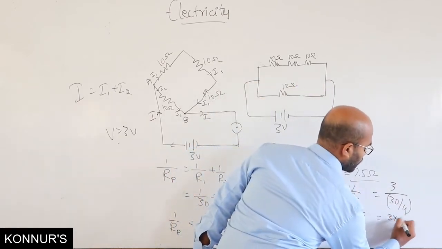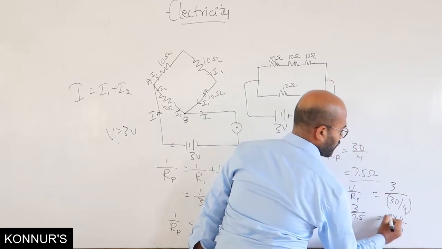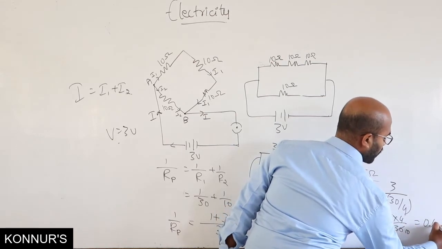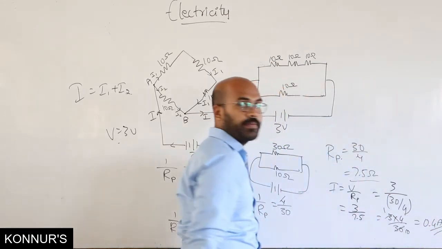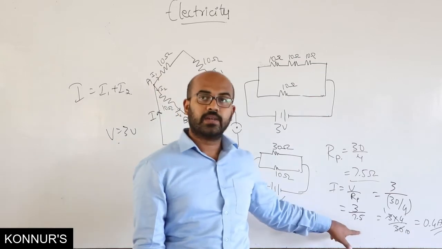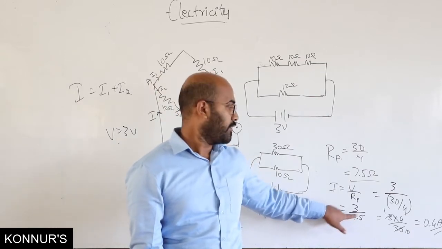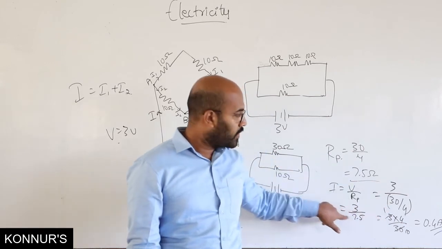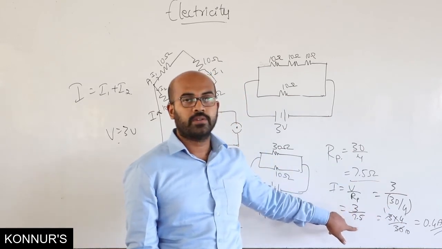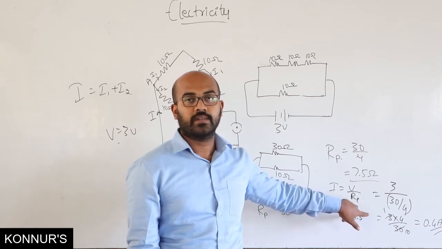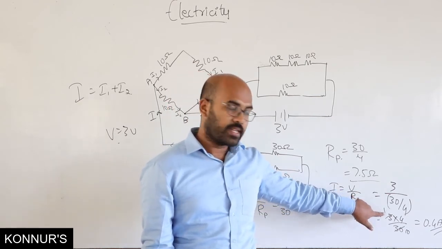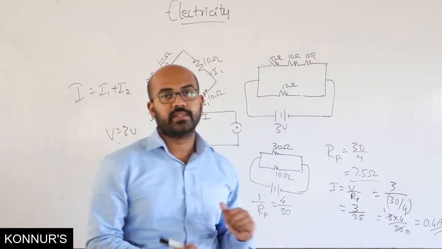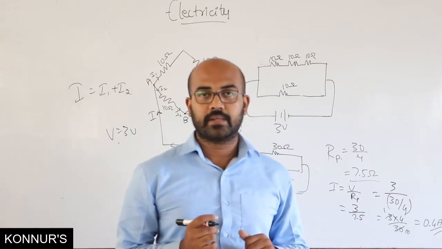That is 3 into 4 by 30. 1s are 10s are. So it is 0.4 ampere. So the calculation is easier when you take it in fraction, because here it easily gets cancelled. If you would have taken 3 divided by 7.5, you would have done a long division. So to simplify that, you can take the fraction as it is. So the value of current that is flowing through the resistor is 0.4 amperes.